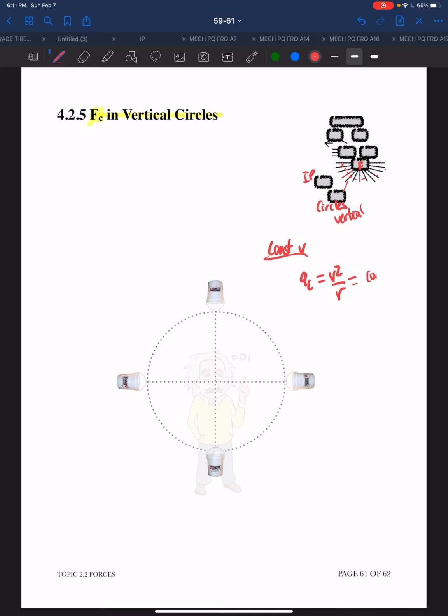Therefore, the centripetal acceleration is constant. And the centripetal force is m a_c. If a_c is constant and the mass of this bucket, whether it's empty or not, has the same amount of material, it will be constant, and therefore the centripetal force is constant. That's because we're traveling at a constant speed with a constant radius and a constant mass inside it.